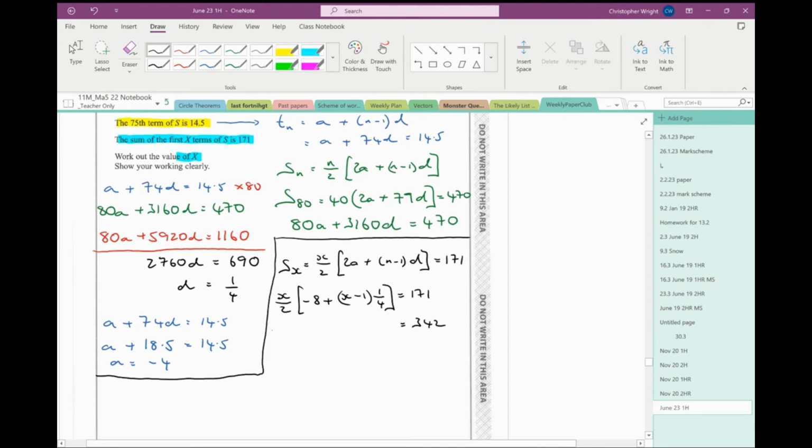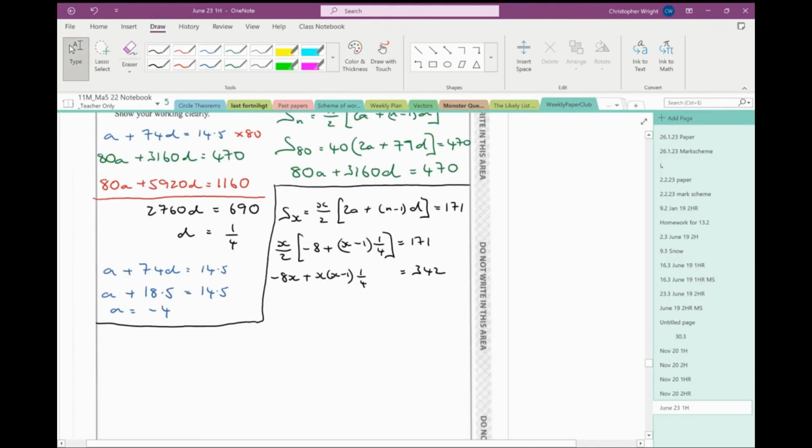So I'm going to have x times minus 8, minus 8x, plus x times x minus 1 times a quarter, and that equals 342. Multiply everything by 4 now, get rid of that quarter. It's going to give me minus 32x, plus x squared minus x equals 4 times 342, gives me 1368. This is going to be a quadratic equation now.